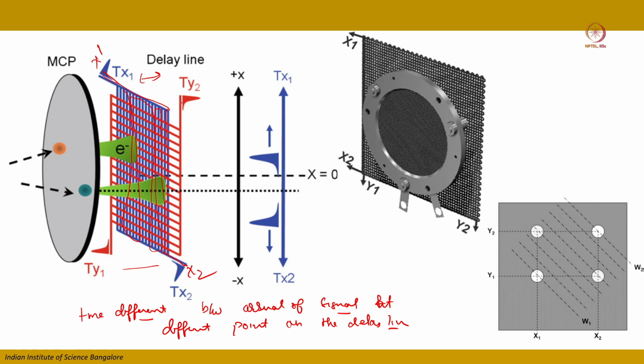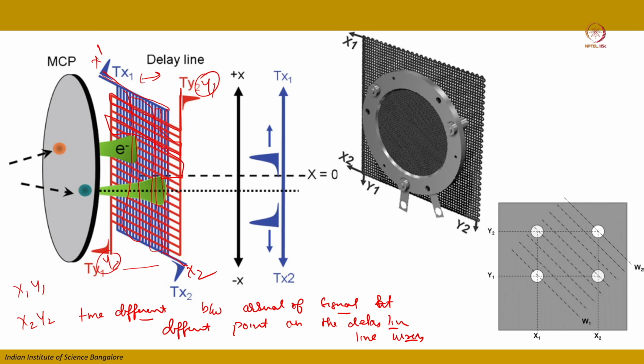Similarly for y, this is the y1 endpoint and this is the y2 endpoint. So the detector will be like this, with x1, x2 and y1, y2. These are nothing but continuous delay line wires, conductive wires.